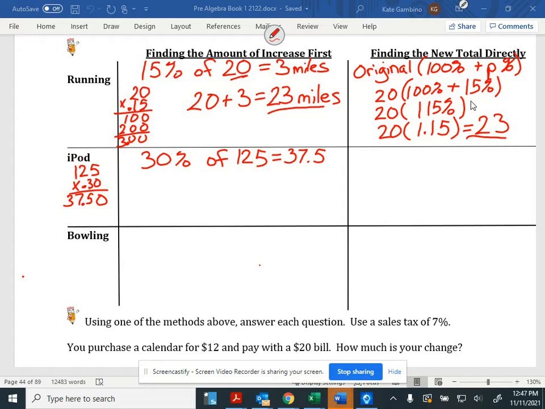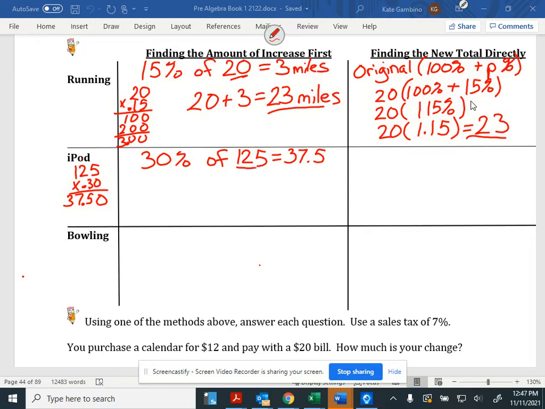Okay. So then, remember, we can't stop there. That's just the increase. We want to know what we want to sell that iPod at. So how am I going to find that out, Maddie? Okay, how am I going to find out what to sell the iPod at?